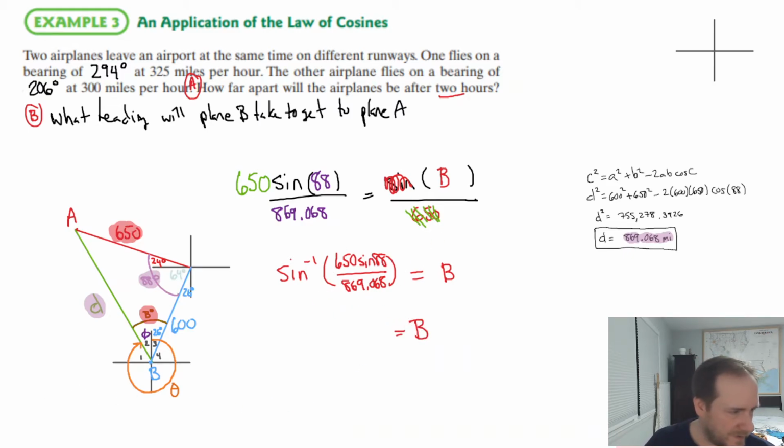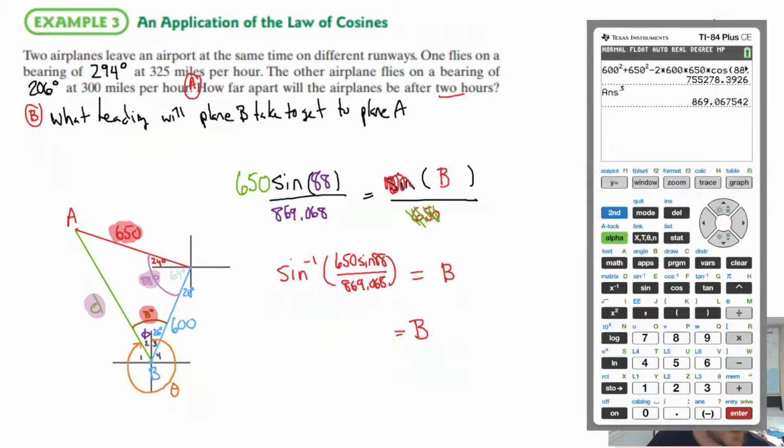So that calculator that I just got rid of, we'll bring that back, and we'll do this calculation. And again, remember, the side length that you need is going to be the last thing in your calculator that you calculated, so take advantage of that.